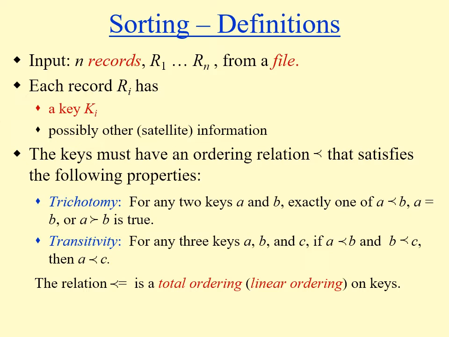You cannot say we don't know their relationship. If it's unknown like that, we say this is not a sorting problem, because there are some records which we don't know how to sort or rank.